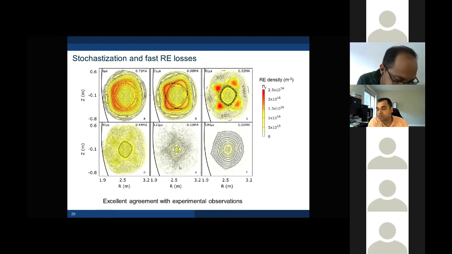He worked with Roscoe. And if you want to look at an experimental perspective, like how experimentalists can control these, I think you can look at the works by Walter Guttenfelder. He's also in Princeton. He works in NSTX.